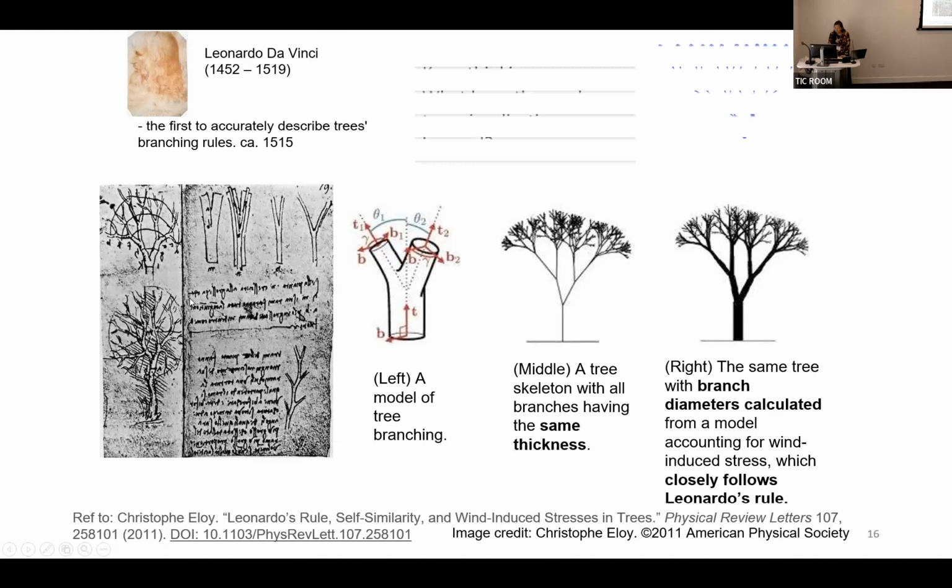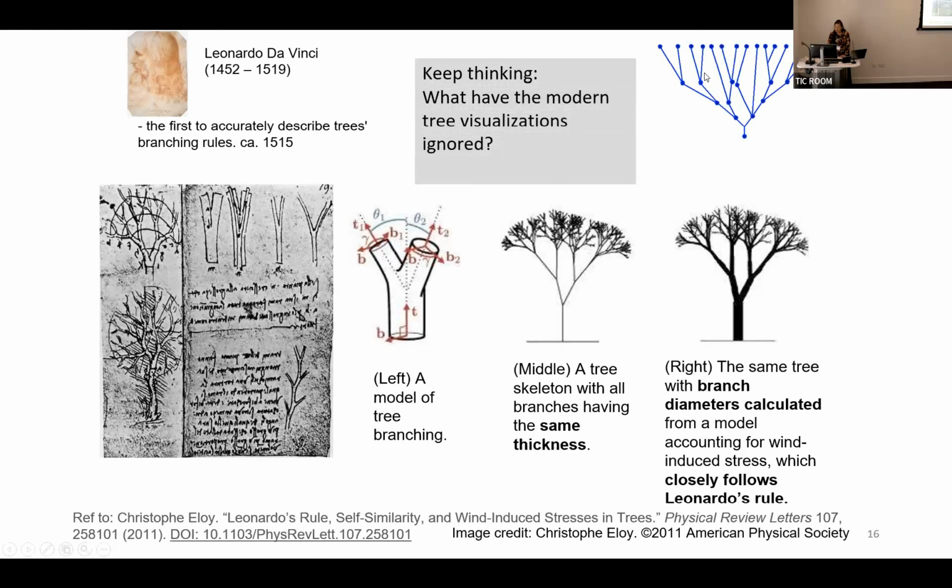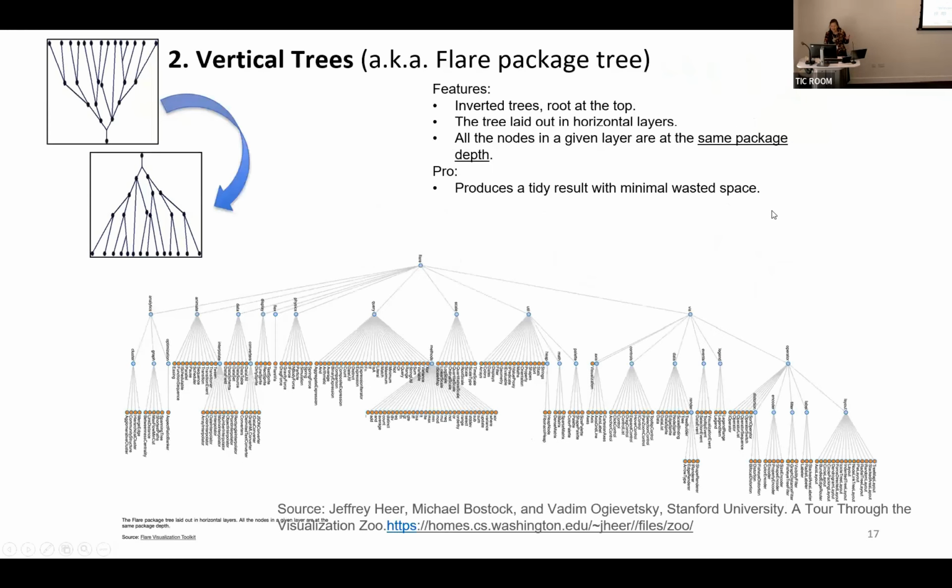Now think about if we see a structure like this on our computer, the modern tree visualization. What did we ignore? You see that there's no space, right? Okay, so let's first see the vertical visual trees.